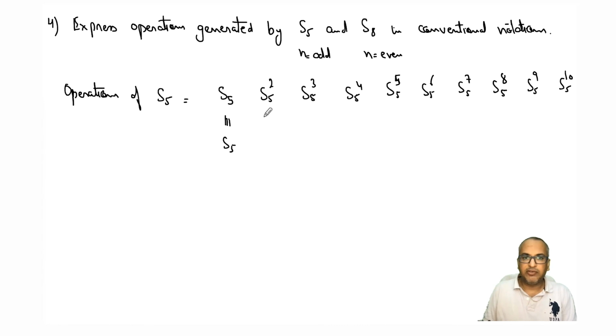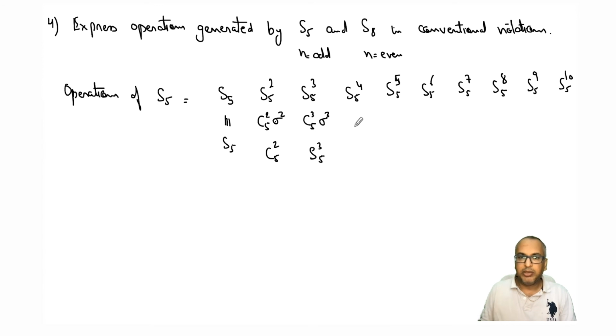S5 is nothing but S5, so there is no change in conventional notation. What is S5 square? We have C5 square into sigma square. Now sigma square is E, so we can write it as C5 square. So although it is C5 square, it is an operation generated by S5. This is what is meant by conventional notation. Now again, C5 cube, sigma cube does not conform to anything, so we'll keep it as S5 cube only.